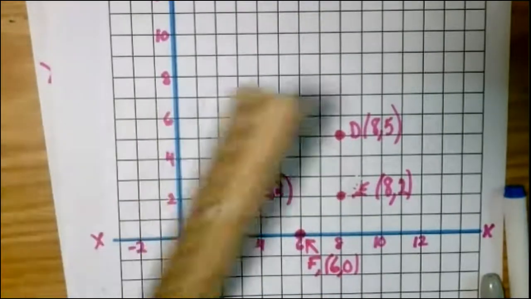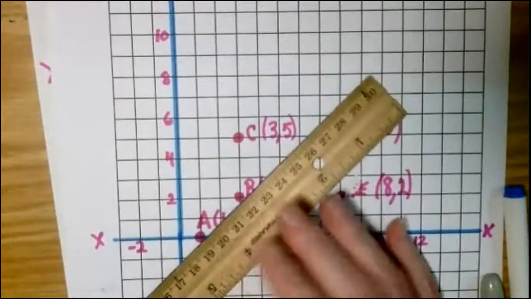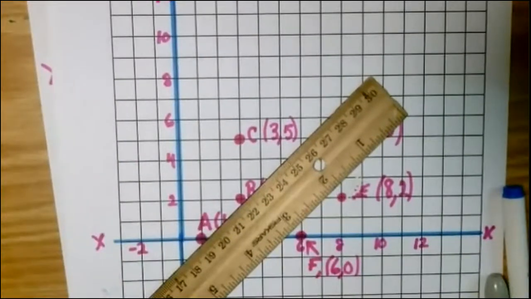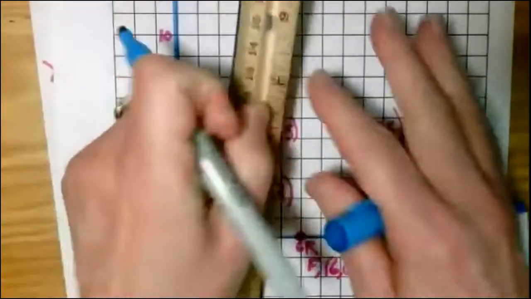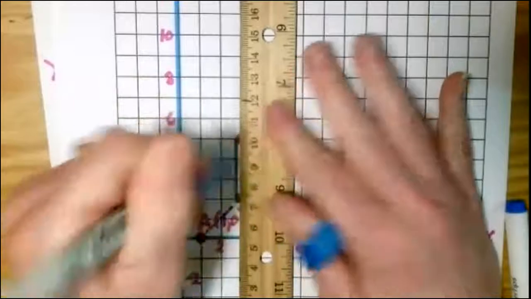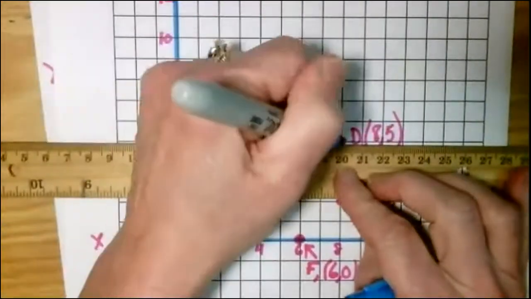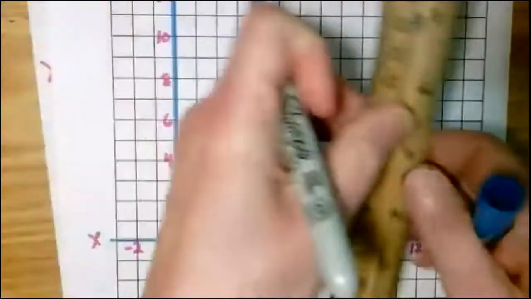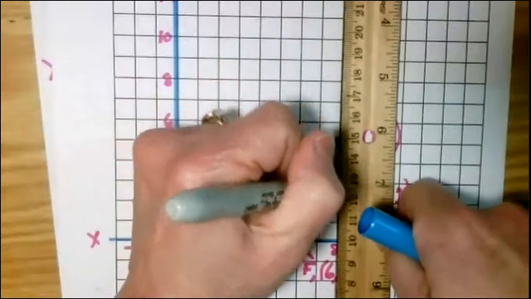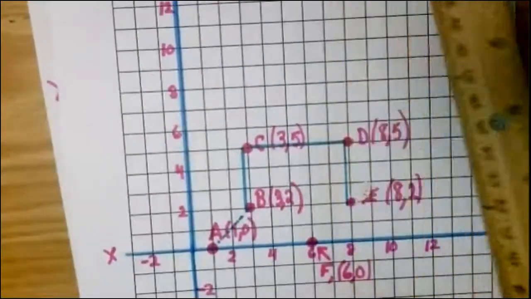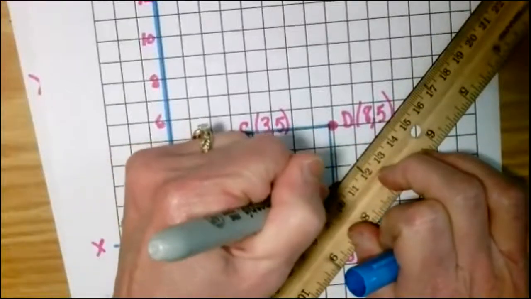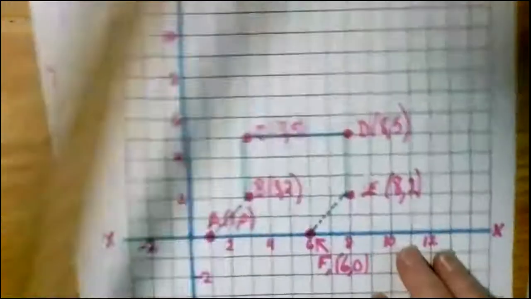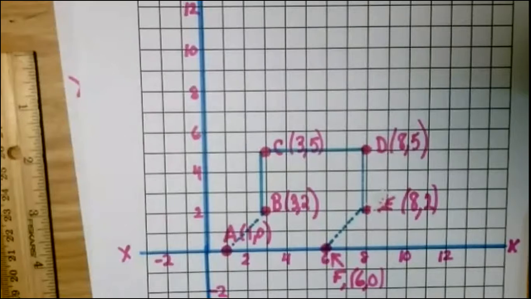Okay, connect our dots. I'm going to do something a little different here. A to B, and then B to C, and then C to D, and D to E, and then E to F. I'm going to do dotted lines on those last two, because they want to know the area of his whole deck.